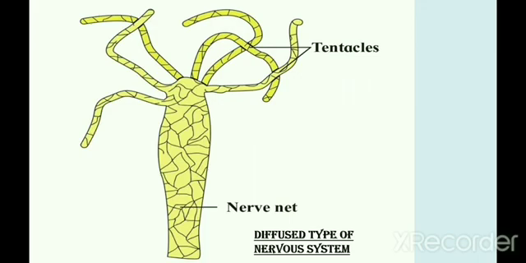Here you will find it consists of sensory cells and nerve cells. Nerve cells can be seen throughout the body along with their fibers. Nerve cells are scattered throughout the body. They are interconnected to each other by synapses.